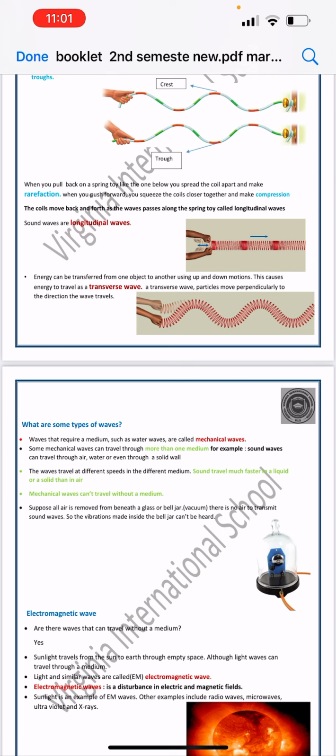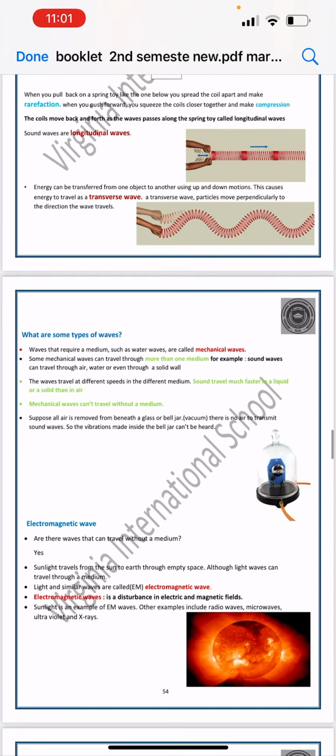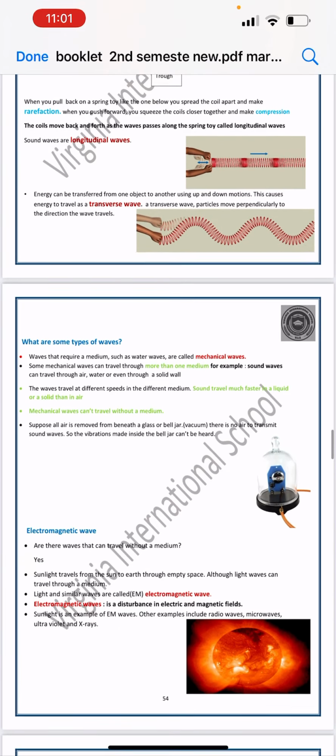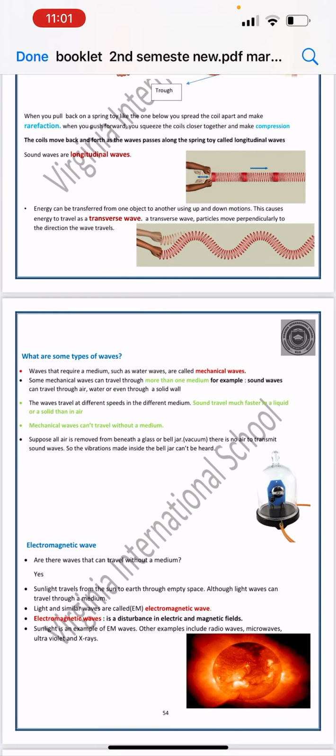So now let's take some examples about the mechanical and the electromagnetics. Mechanical, just like the sound, because the sound requires a medium to travel through. So the sound can travel through different mediums by different speed.